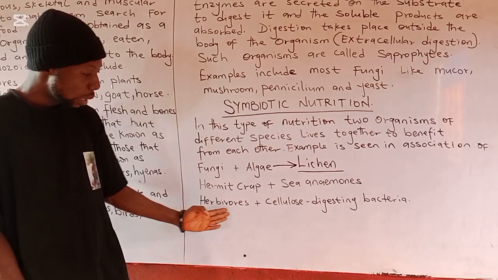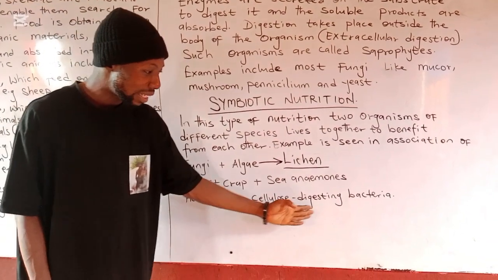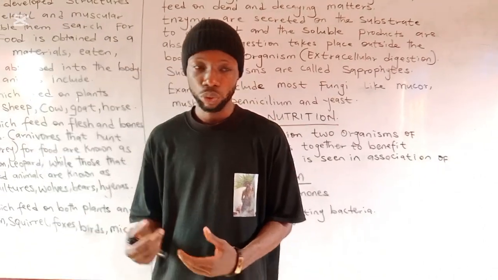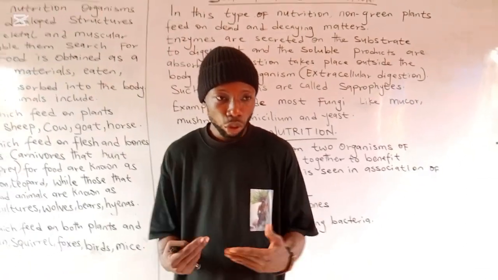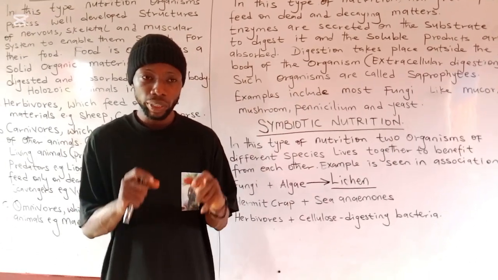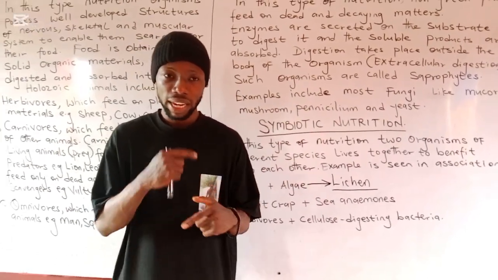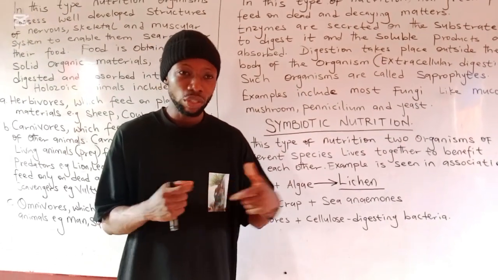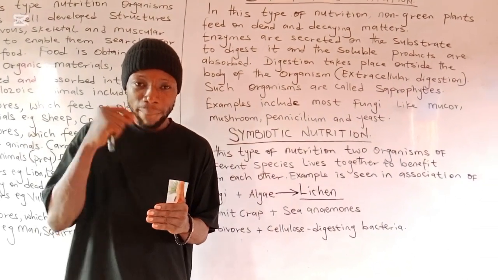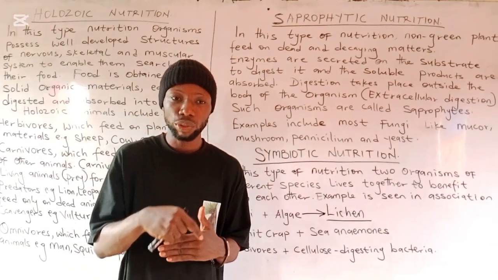The next is herbivores and cellulose-digesting bacteria. Most herbivores, like goats, cannot digest cellulose because they lack the enzyme which digests cellulose, known as cellulase. That is also one of the reasons why man cannot digest cellulose.